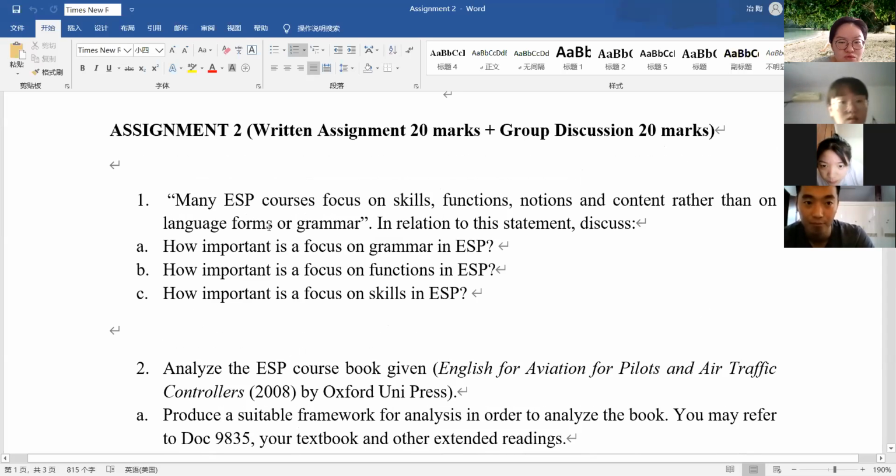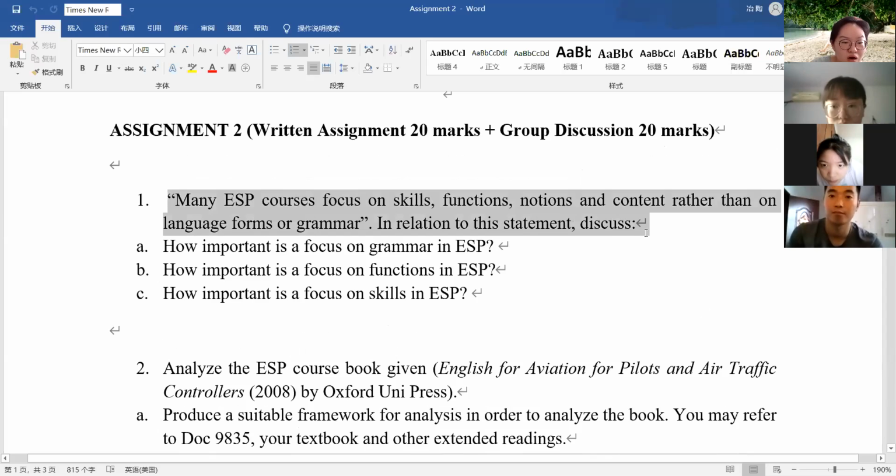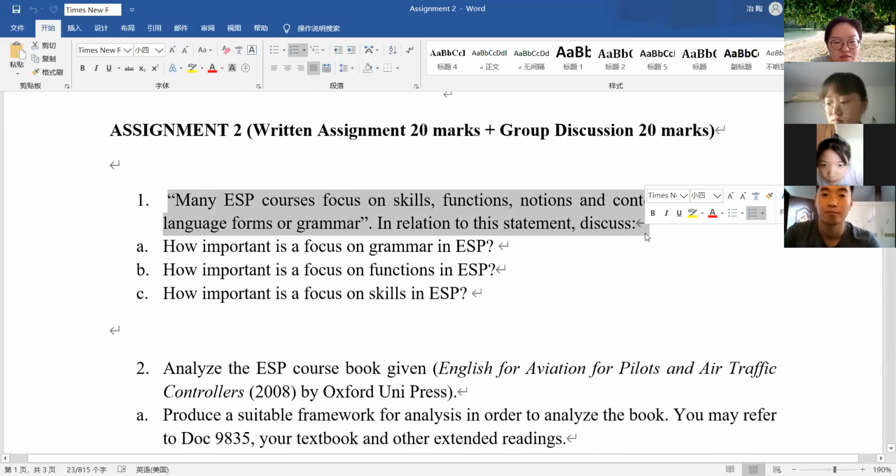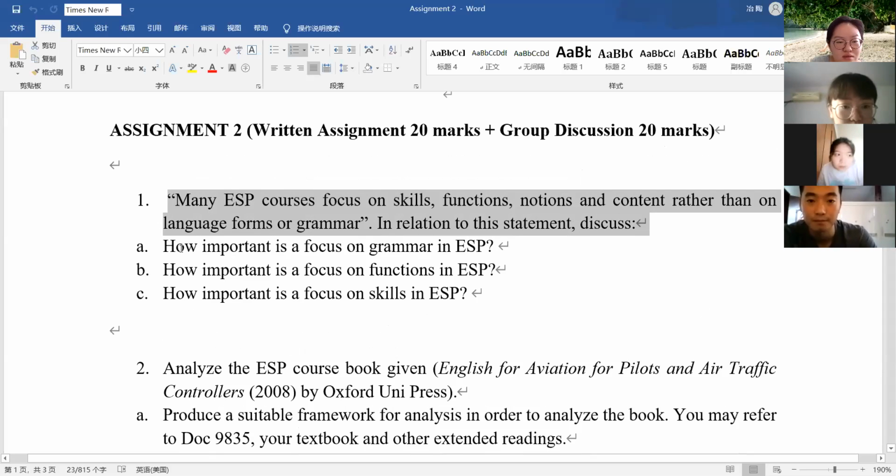In relation to this statement, discuss how important is a focus on grammar in ESP. Question 1 is done by Ke-xin and me. So let's talk about this question first.